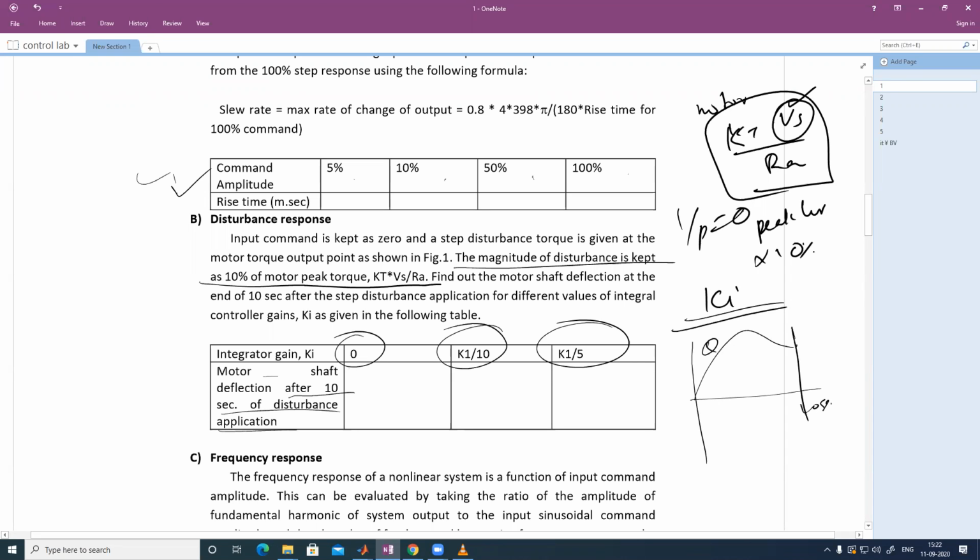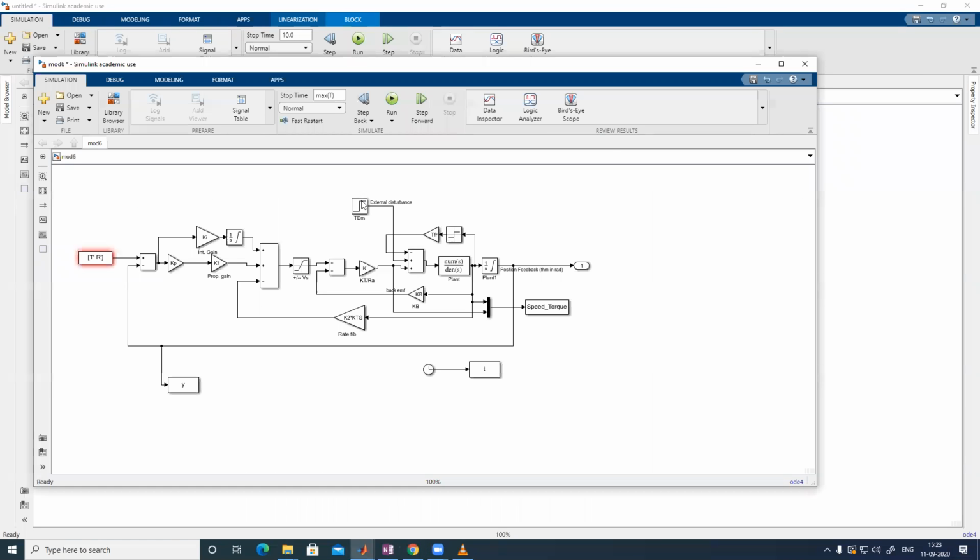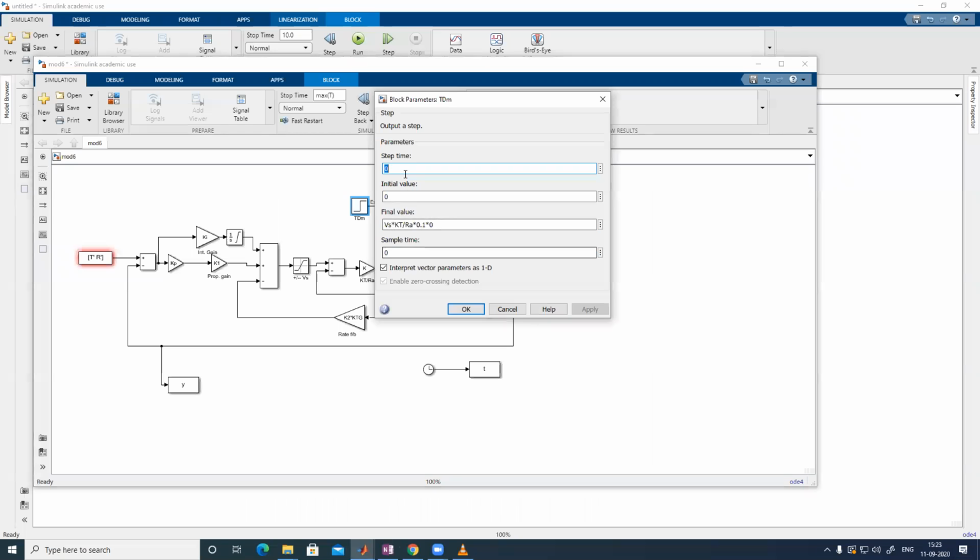So it will be 10 seconds. You have to give a step command in the disturbance input, and the disturbance input value is this one. And here you have to use step time as 0 only.